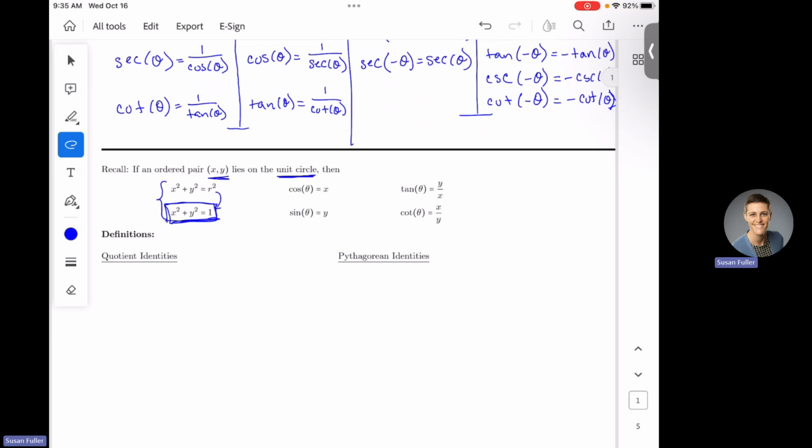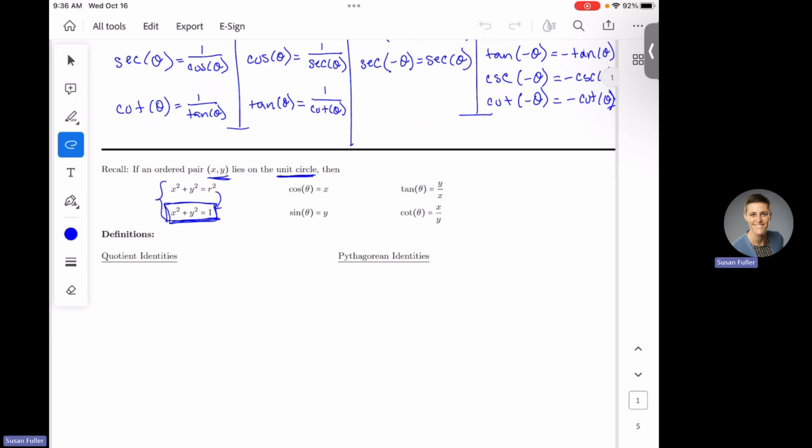We also know that on the unit circle, cosine of theta is our x-coordinate, sine of theta is our y-coordinate. To find the tangent of theta, you do y over x, and to find the cotangent of theta, you do x over y. Okay, so these are just kind of reminding us of things that we already know, and we are going to use these to find some new identities.